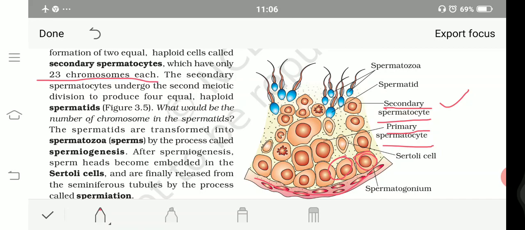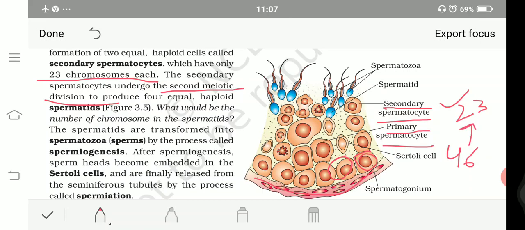Next, these secondary spermatocytes go for the second meiotic division. You all know, students, that a secondary spermatocyte carries 23 chromosomes while primary cells have 46 chromosomes.